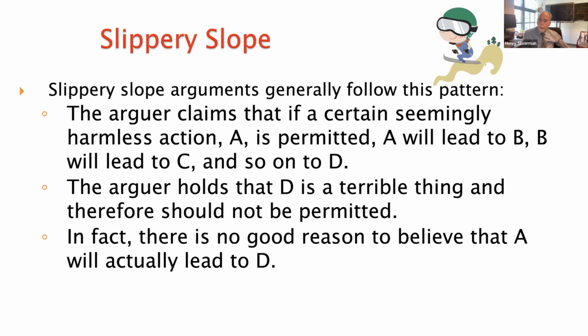In fact, there's no good reason to believe that A will actually lead to B. So a person will say, we can't accept that because it's going to be a slippery slope into D, and D is a bad thing, and therefore we shouldn't allow A. And that's the only argument given for not allowing A.